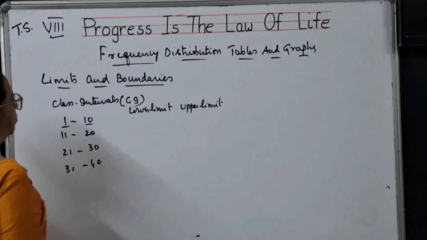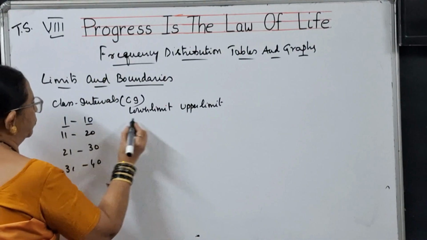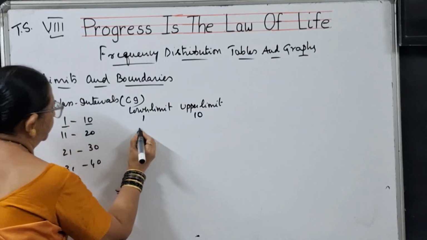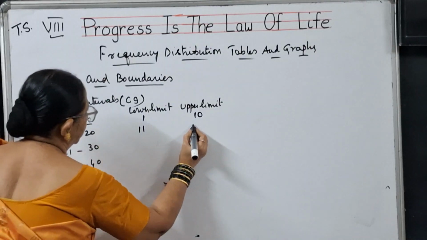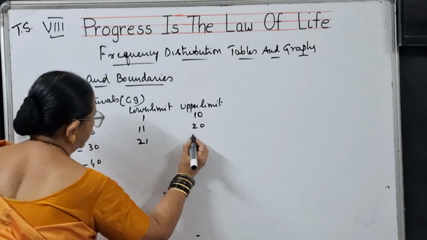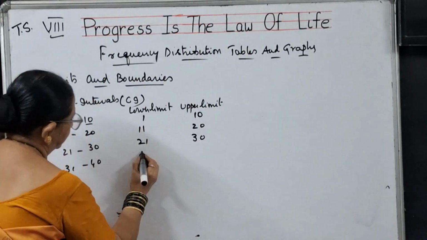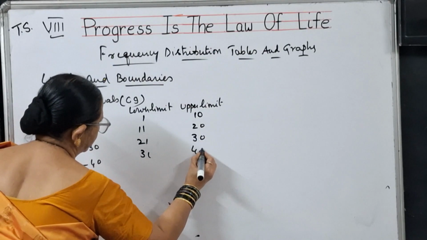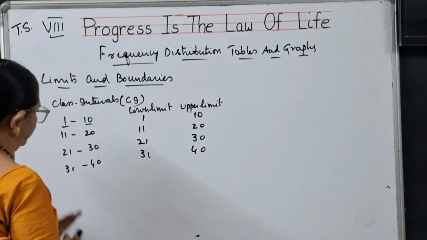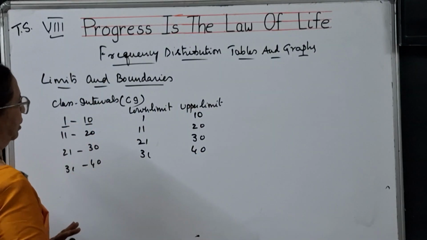Lower limit is 1, upper limit is 10. For the next, lower limit is 11, upper limit is 20. Here 21, 30. Here 31, 40. These are lower limits and upper limits, meaning lower value and upper value.